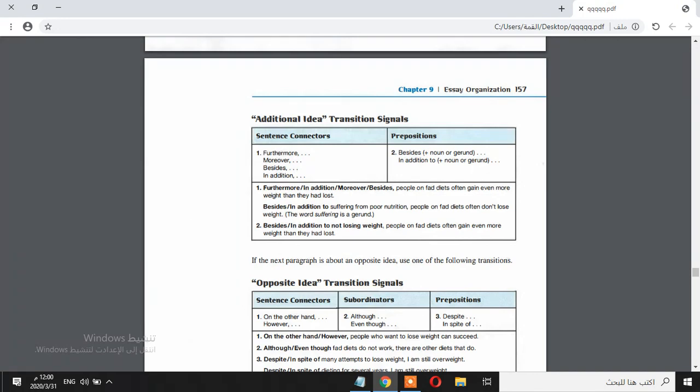You know full well that prepositions aren't followed by full sentences. They are followed by nouns, noun phrases, or gerunds.